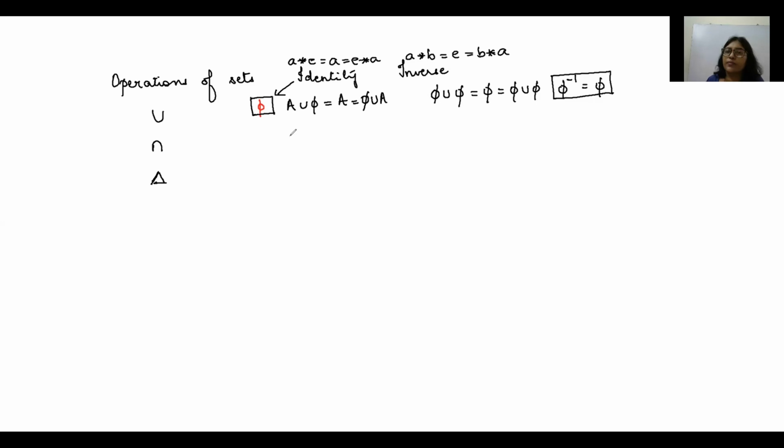About intersection, A intersection universal set will give us A. That means the universal set is our identity element. So when we are looking for the inverse, our answer should be the universal set. And that's again possible only for the universal set, universal set intersection universal set.